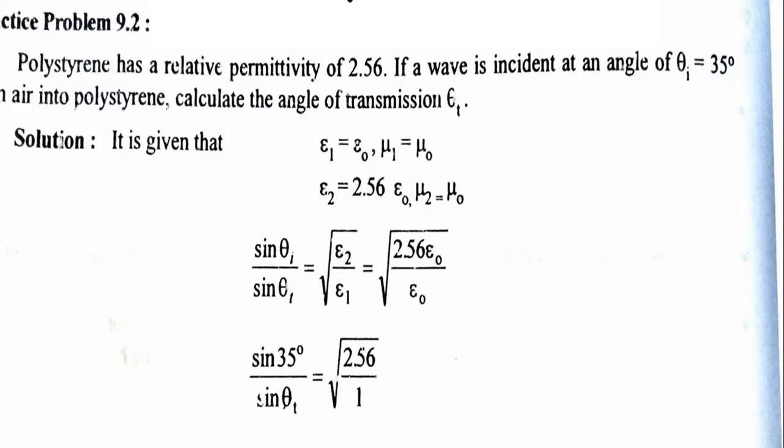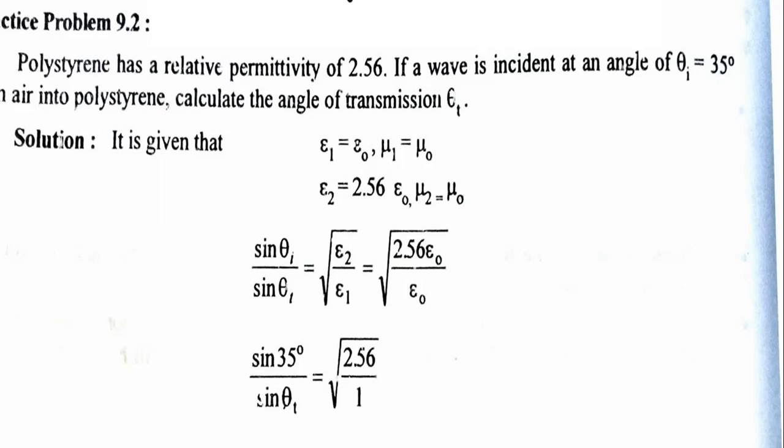Epsilon 0 cancels out in numerator and denominator, and the 2.56 remains. Root of 2.56 divided by 1.